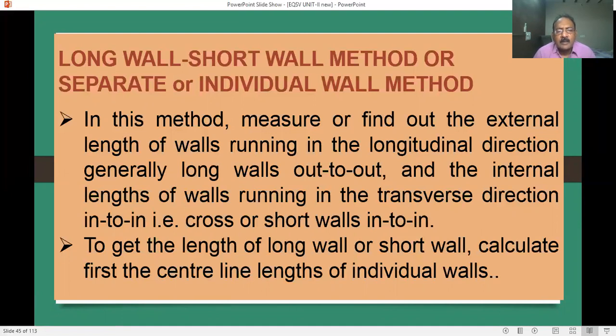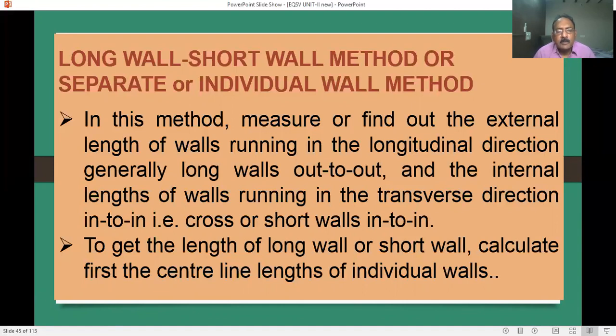In this method, first we have to take out from your plan. Generally for long walls, whether foundation, footings, or walls, everything is taken out to out. Inner to inner for short walls.